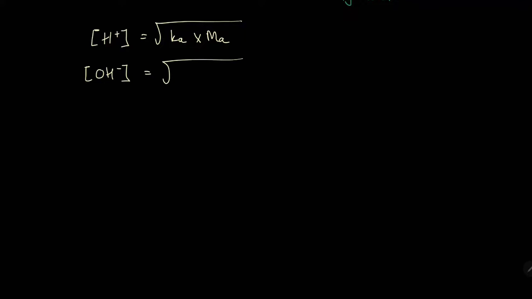Now there's two formulas that we need to learn off for this that are not in your log tables. It's the concentration of the hydrogen ion equals the square root of that equilibrium constant for the acid dissociation times the molarity of the acid. We also have one for basic solutions, which is Kb for base by Mb.